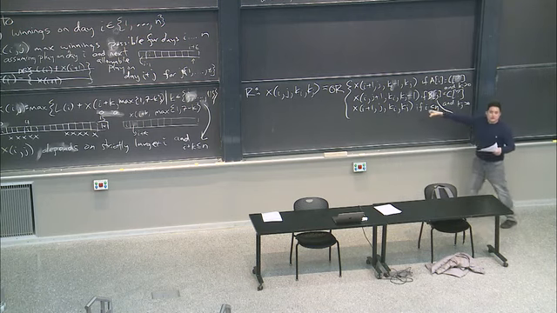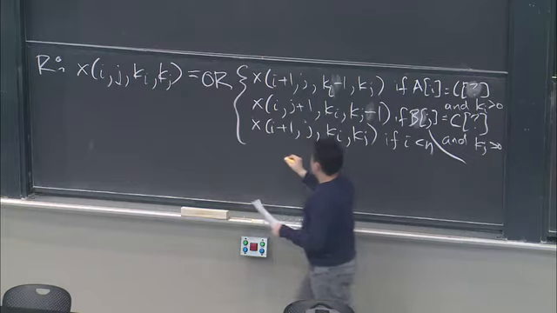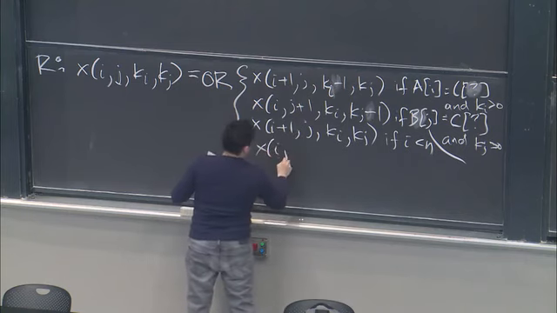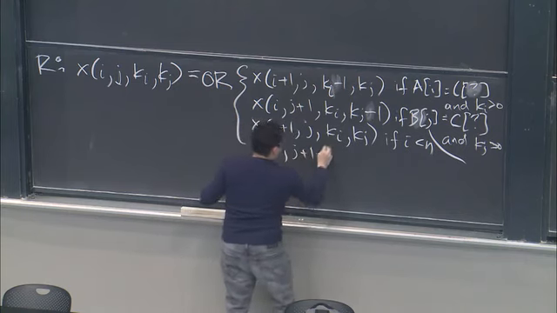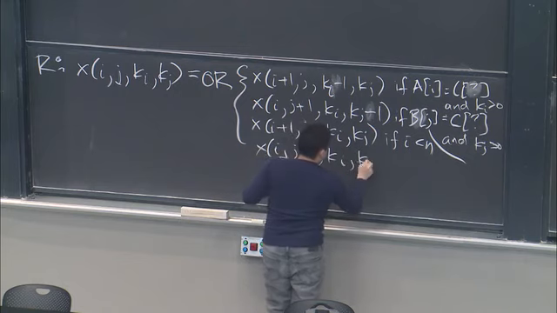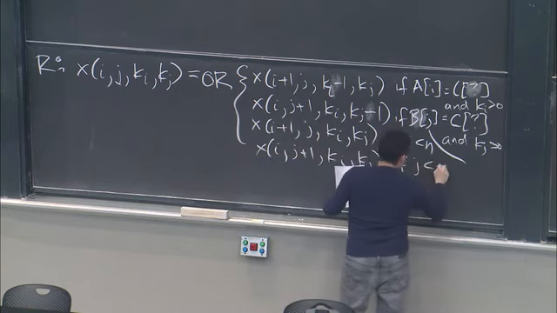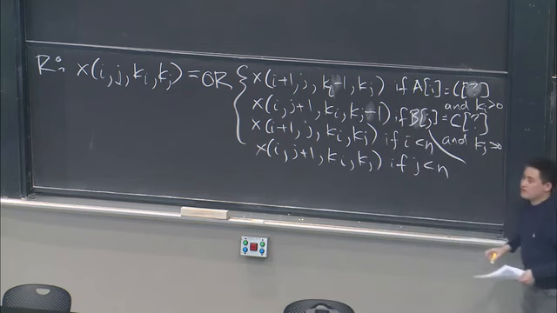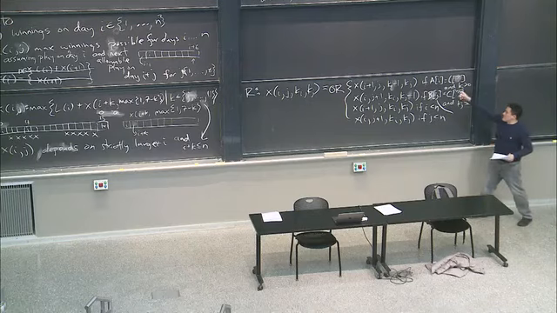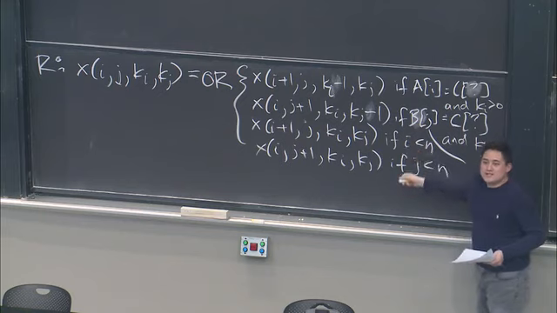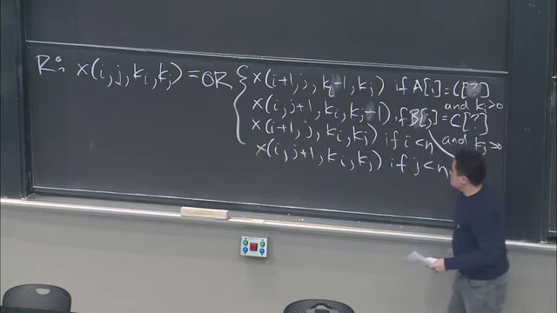I don't want to move off the end of this thing. Or x, i, j plus 1, ki, kj, if j is less than n. Okay, so those are my 4 choices. If I match the letter, I'm great. Otherwise, I decrease the size of my subproblem and I recurse. Okay?